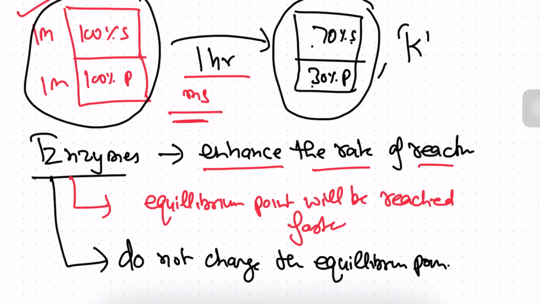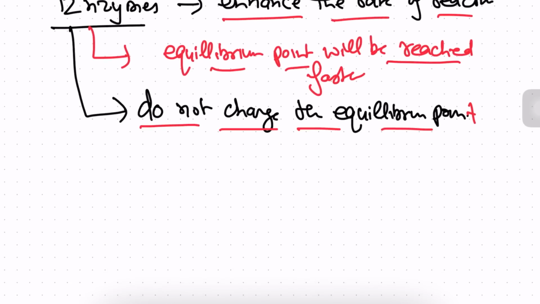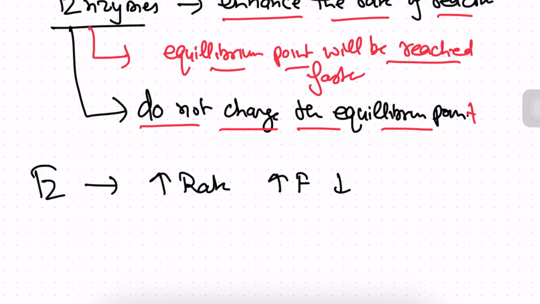In the presence of enzymes, the equilibrium point will be reached at a faster rate, but enzymes do not change the equilibrium point. They enhance both the forward reaction as well as the backward reaction.